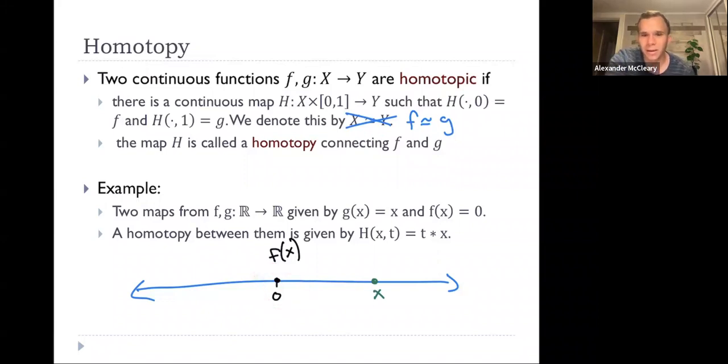And then f of x is a retraction map, right? Because f of x maps every point in the real line into A, because it takes every point in the real line and just maps it to 0, which is A. And it turns out that this map is actually a homotopy equivalence. And so this is actually a deformation retraction of the whole real line onto just a single point.